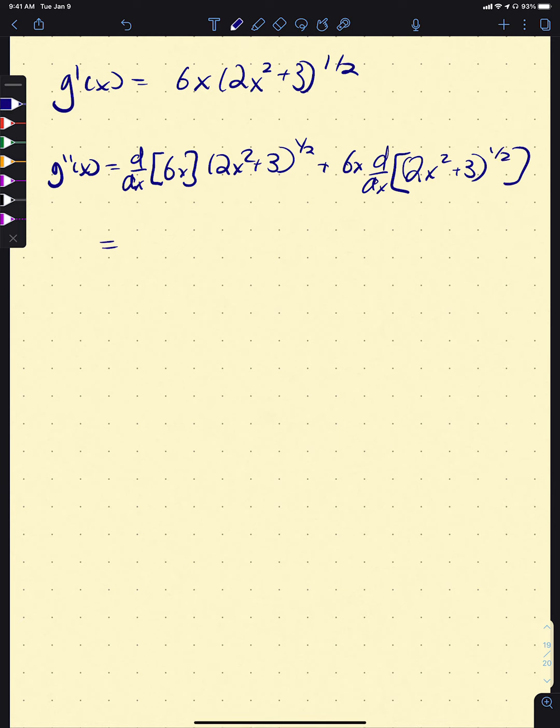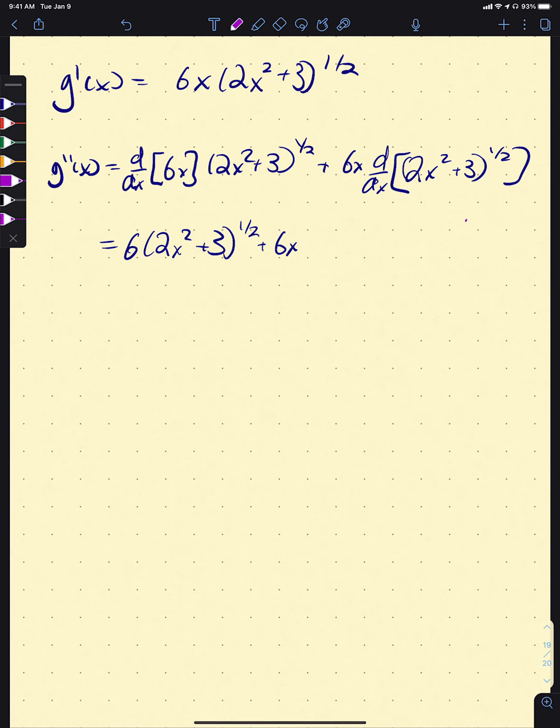This one on the left here is fairly easy, right? We're just going to get 6 times (2x squared plus 3) to the 1/2, right? And then we're adding on to that 6x, and we need to do our chain rule, right?